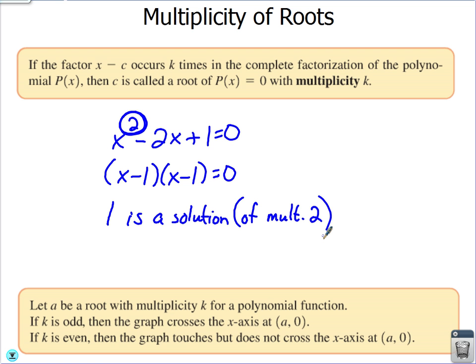It's a solution class. That's all that says. If something's a factor multiple times, then it has that solution with a multiplicity. And now this next part is pretty neat.